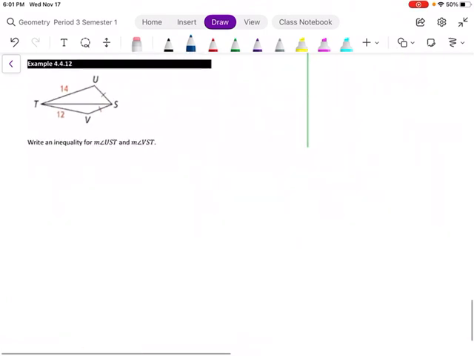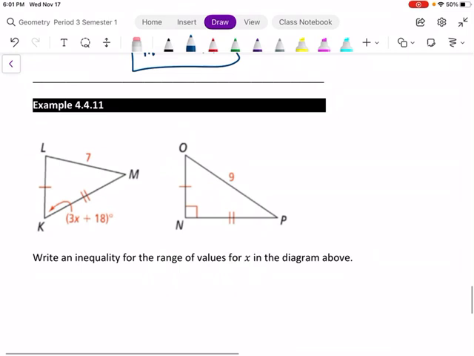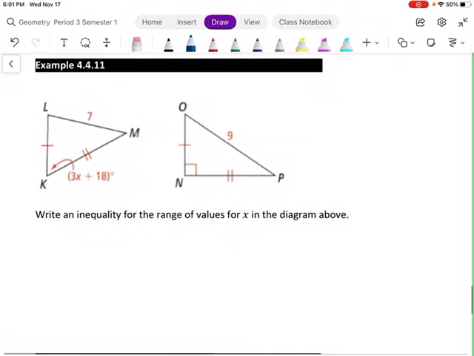Moving on to our next example, we only have 2 left and then we're almost done. We need to write an inequality for the range of values of x in the diagram above. So we already know it's always going to be greater than 0. Now, if we look between our 2 diagrams, we are given the congruent sides that we need to use the hinge theorem.